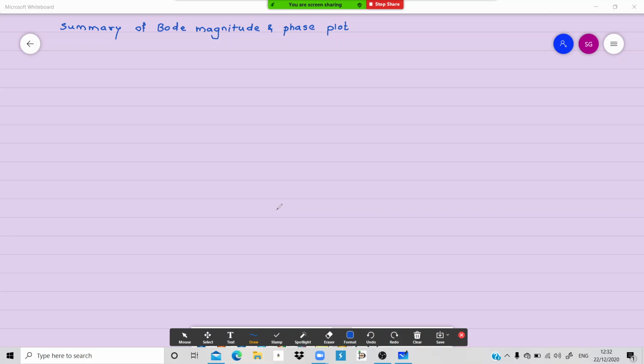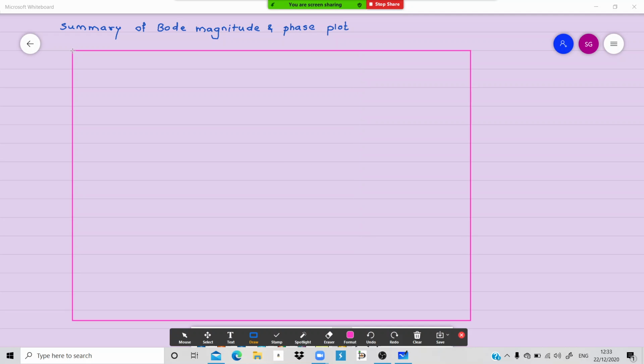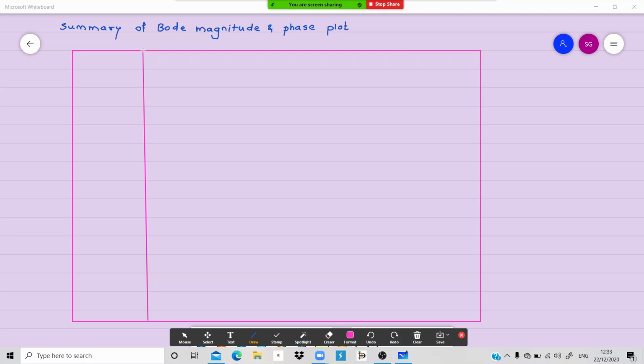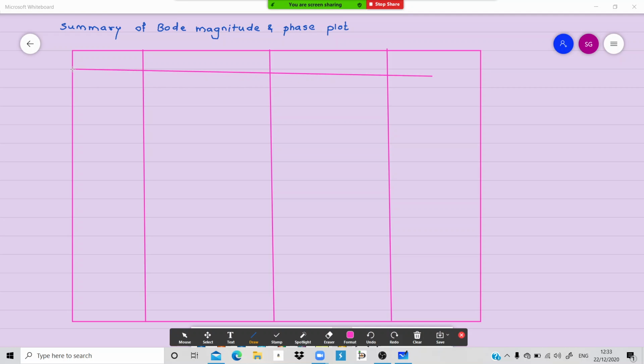Okay, so let me draw a table. So simultaneously I'll write and then I'll make partitions.